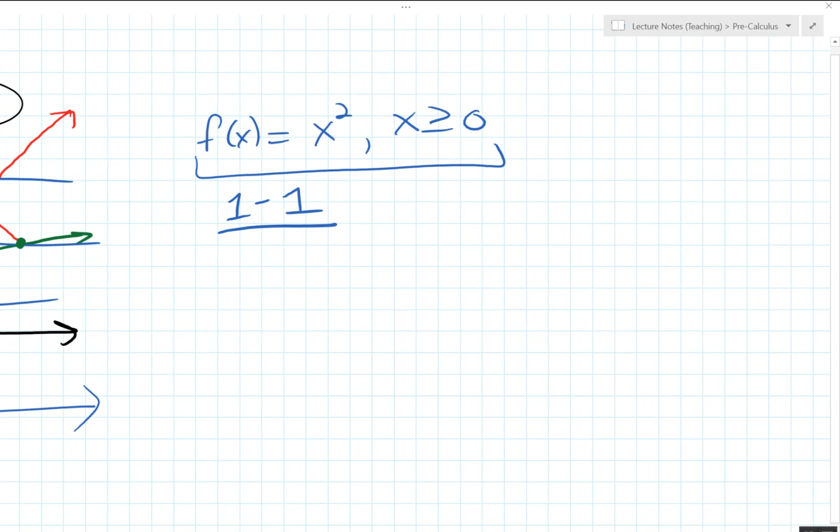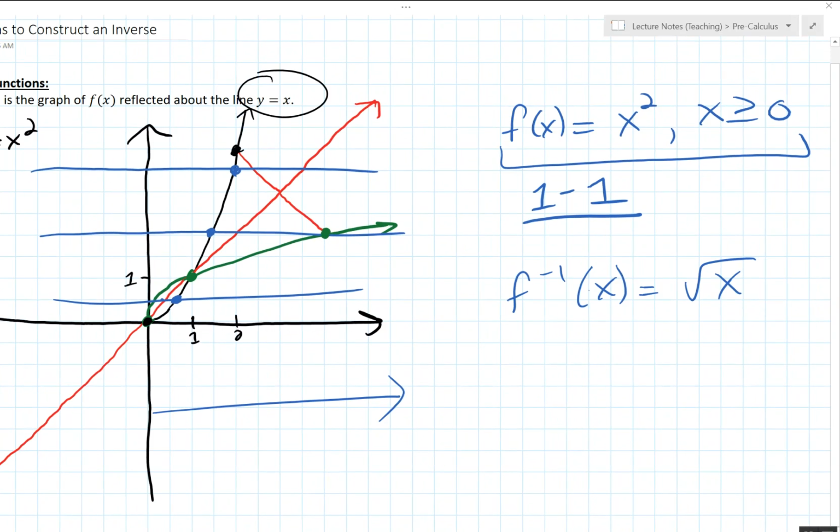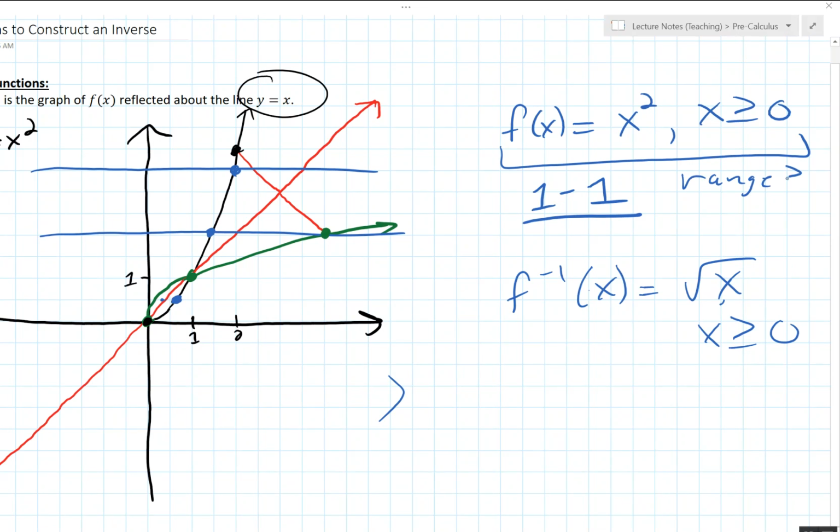So this function now is 1-to-1, and its inverse is the square root function, because now the square root function and the modified square function have matching domain and range. The domain of the square root function is greater than or equal to 0, and the range here is greater than or equal to 0.